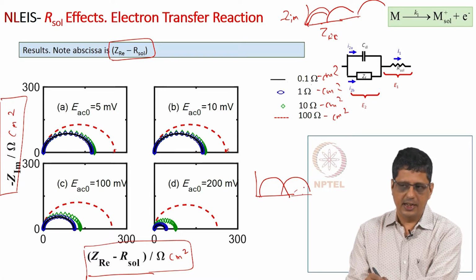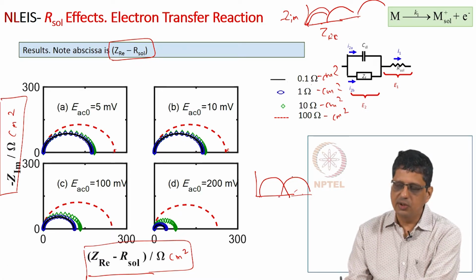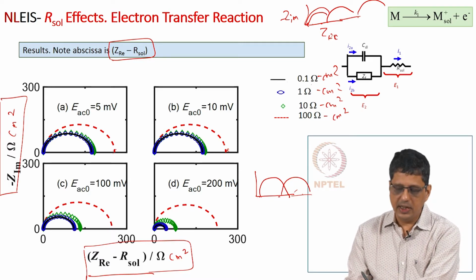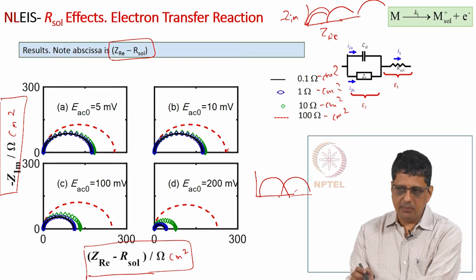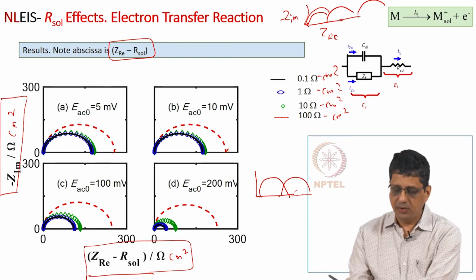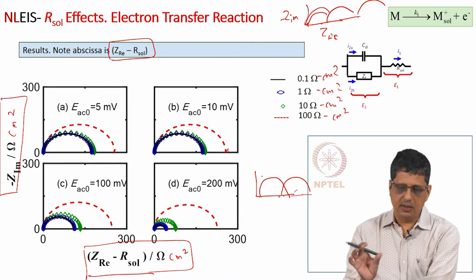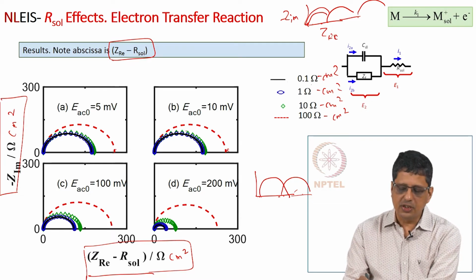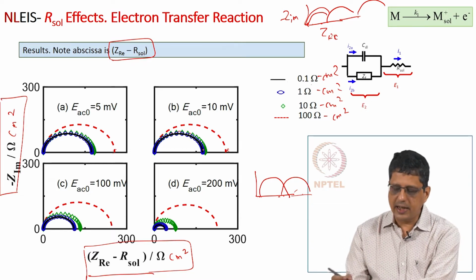When you have a reacting system, it is not just going to shift to the right, it is also going to change in magnitude. It is showing an increase here, it may not always be an increase. So, solution resistance is not just going to shift the impedance spectrum, it is also going to make changes to the values other than just adding our solution.